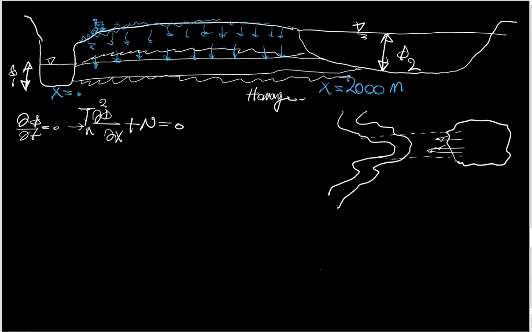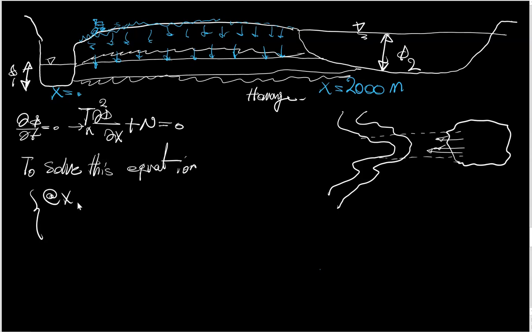But how can you handle or solve this problem and figure out what happens? You can look at this equation. To solve this equation, you have two boundary conditions, right?